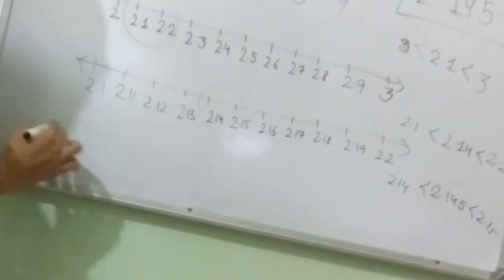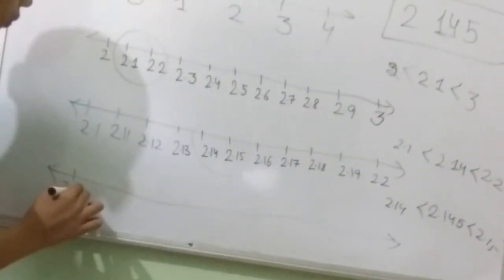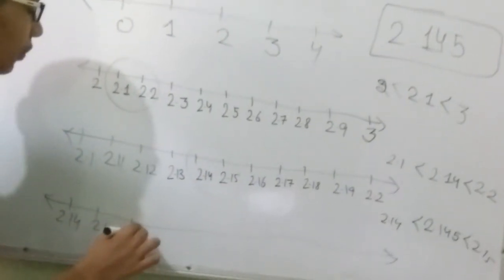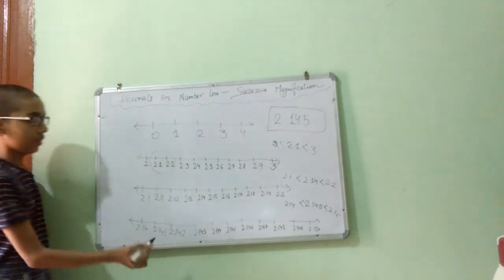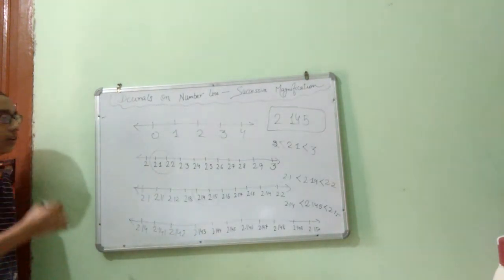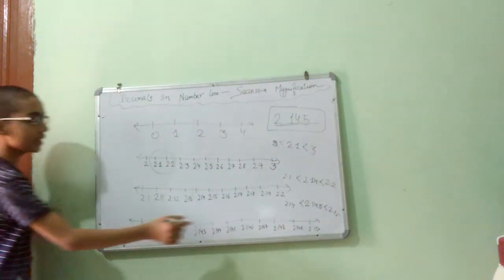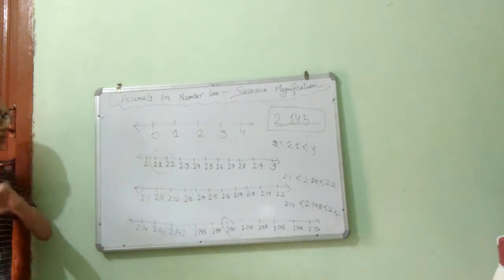Okay, between these two. So let's make another number line having these two ends. 2.14, 2.141, 2.142. Now let's see. We have drawn this number line. Now tell me, where is 2.145 here? You can easily locate it here. Okay, hence we have shown it on the number line.